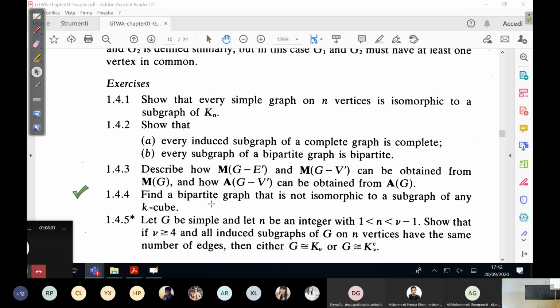And so, when you build it or try to build it, you must not only think of the vertices, but the vertices must be thought of as k-tuples. What is k? Any. And you must show that it cannot be isomorphic to a subgraph of any k-cube. That's a very difficult exercise, in my opinion. So again, don't spend more than 15 minutes on it.